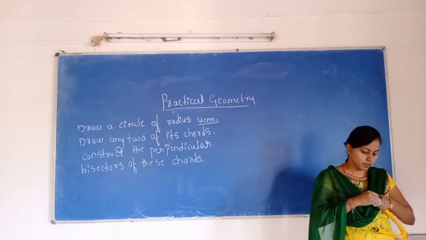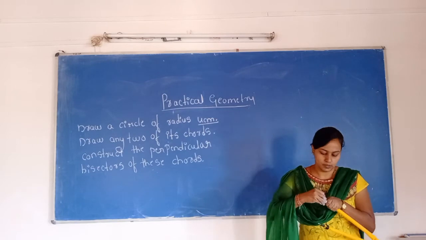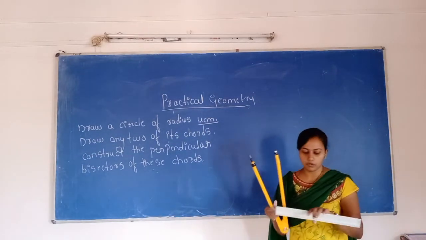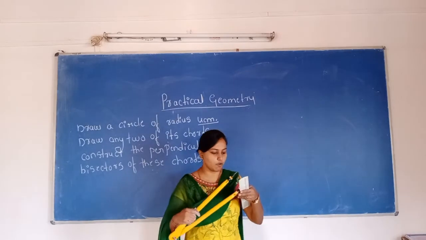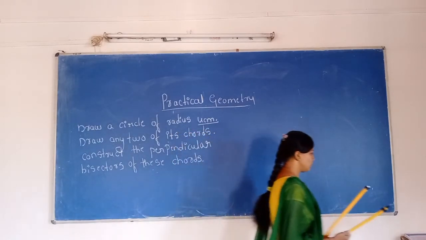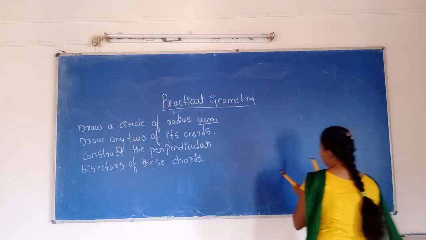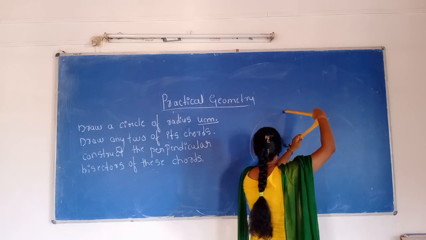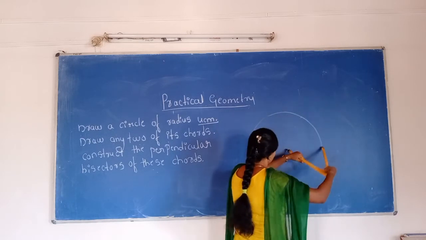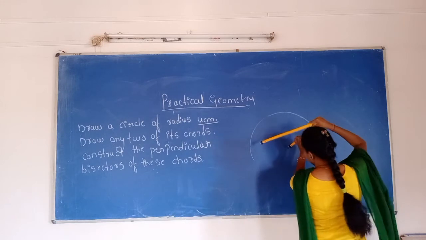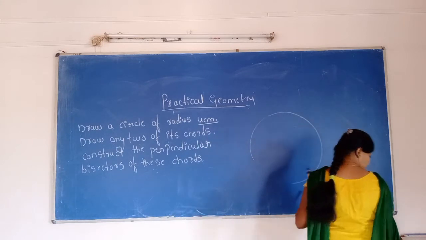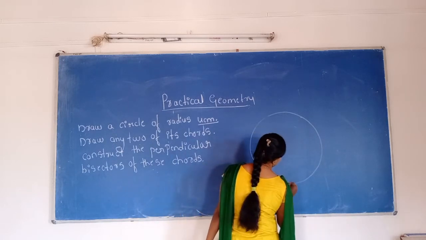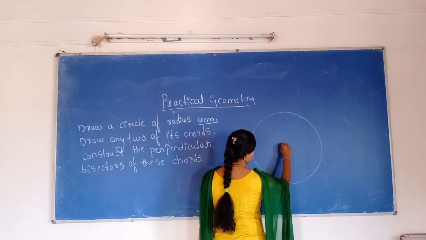Use your scale and the compass, take 4 centimeter. Now you have to draw a 4 centimeter circle. Now mark the center point as O.